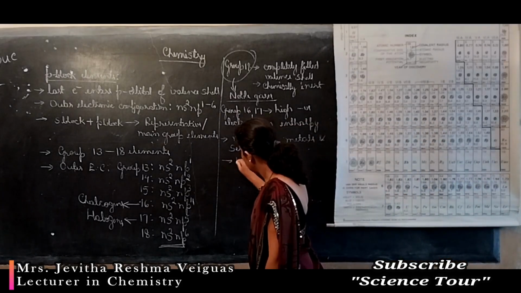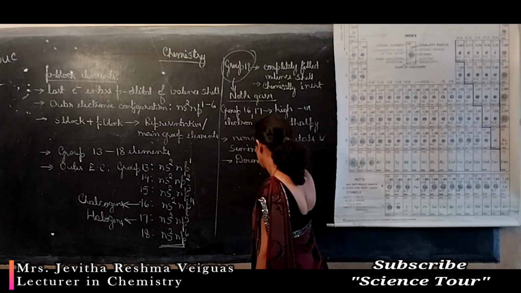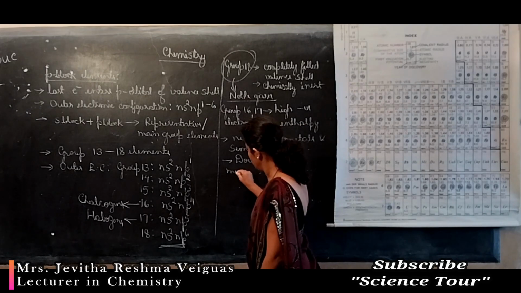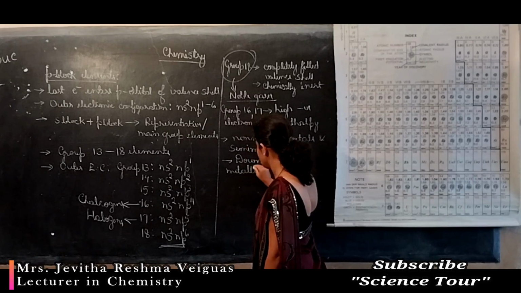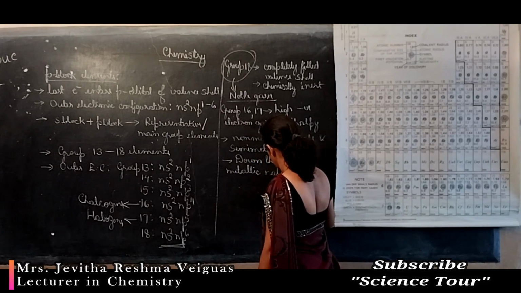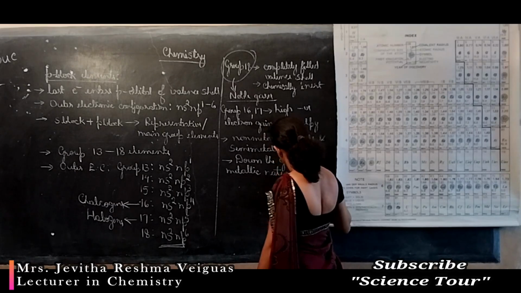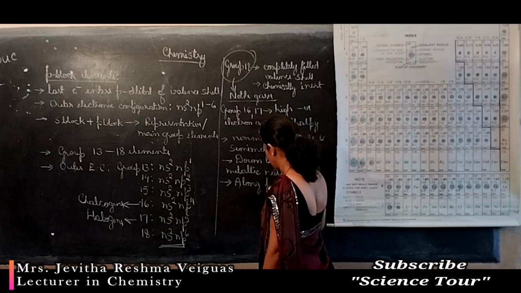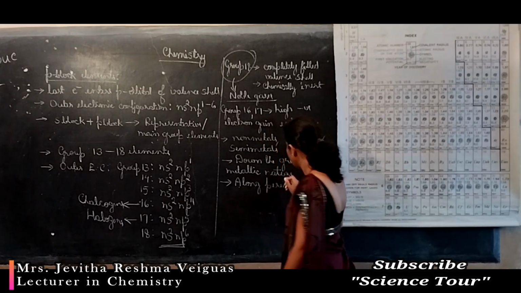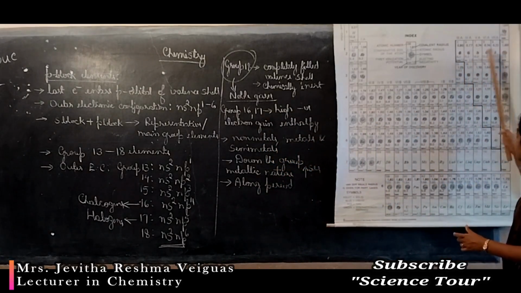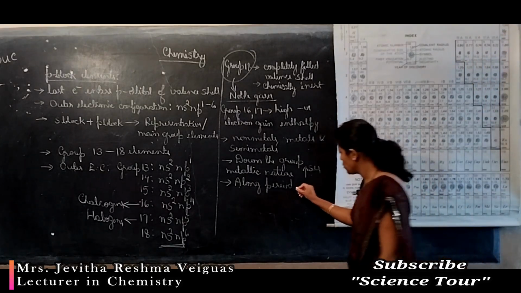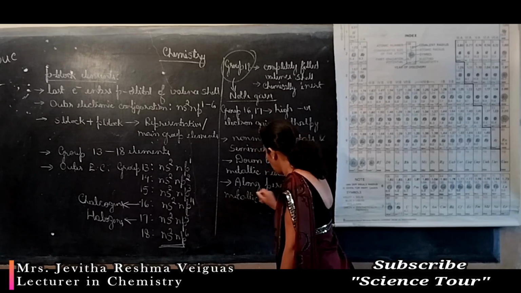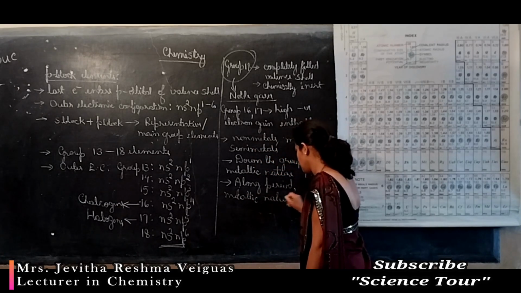So down the group, metallic nature or metallic character increases, and along a period, as you move from left to right in the P block, metallic character or metallic nature decreases.